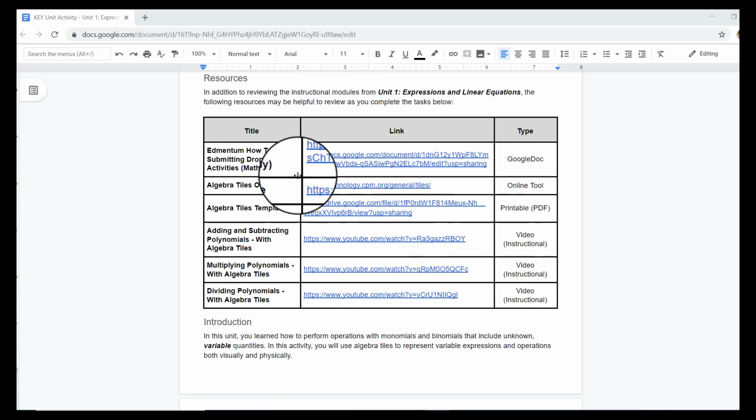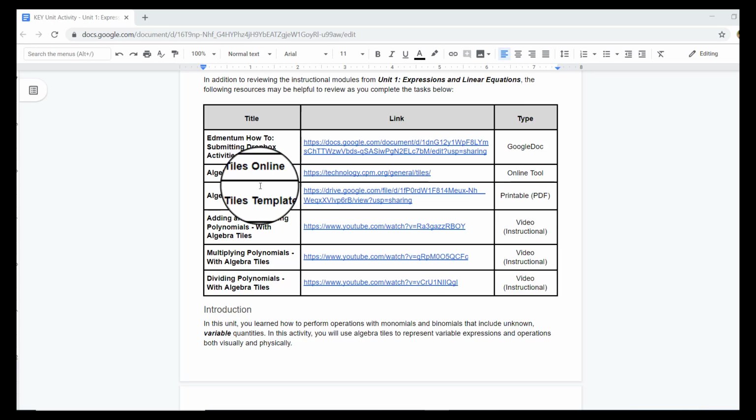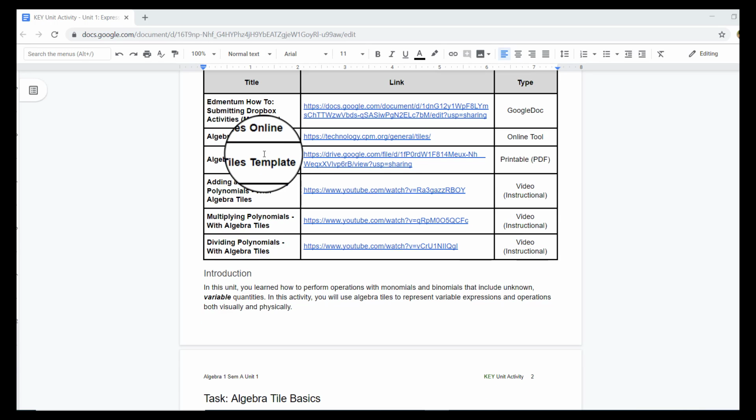In this resource box, you will find an Edmentum how-to submit a Dropbox and other resources required either to complete the unit activity or prerequisite skills that are recommended to review before attempting to complete the unit activity.